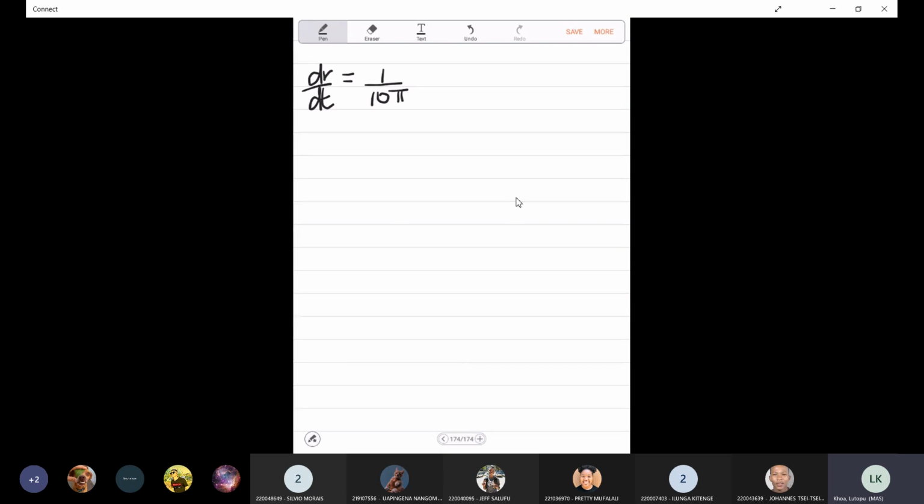Now that I have that, I go back to the formula for the surface area, 4 pi r squared. dA/dt, the one I'm looking for, is given by dA/dr. Again, this is a full derivative because A only depends on r.